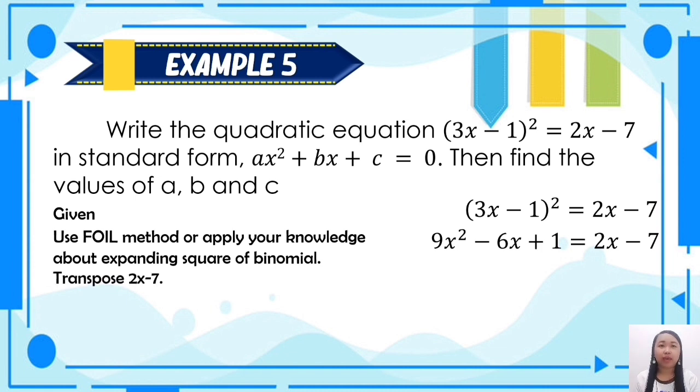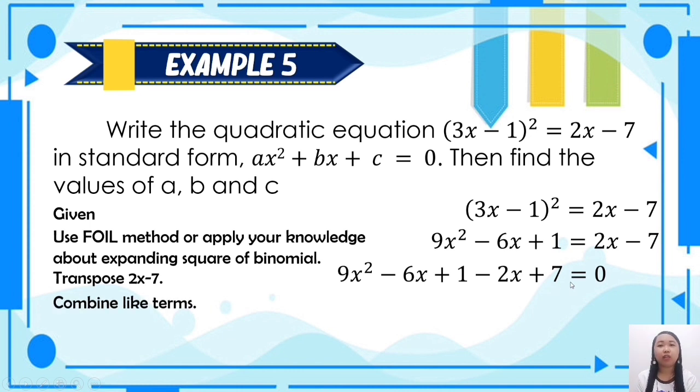Transpose 2x minus 7: 9x squared minus 6x plus 1 minus 2x plus 7. When we transpose 2x, it becomes negative 2x. When we transpose negative 7, it becomes positive 7.